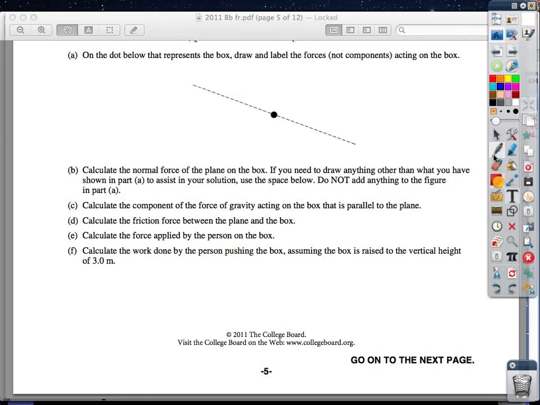Alright, calculate the normal force on the plane of the block. So we want this, F sub n. So I'm saying the sum of the forces in the x, and when I say x, I mean this way, is 0. The sum of the forces in the y is 0.